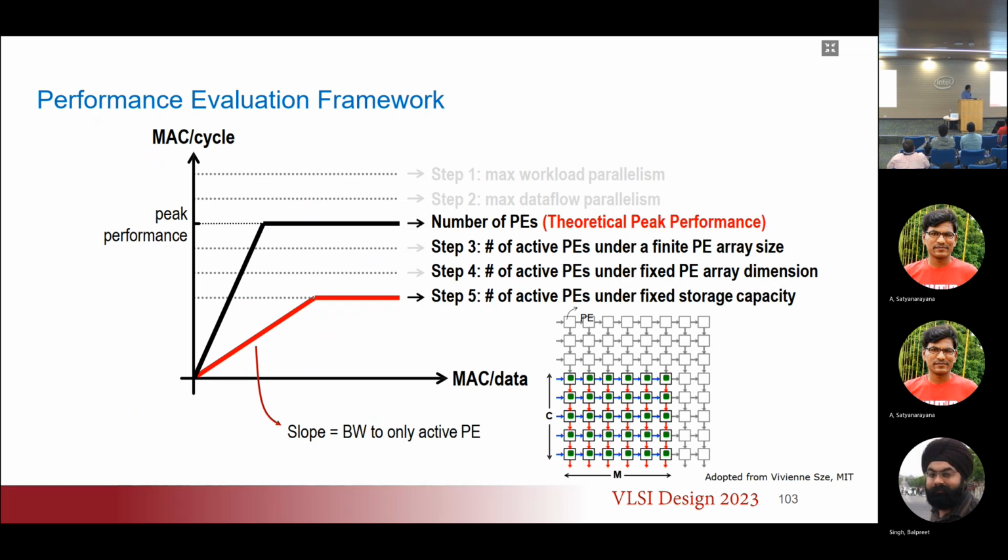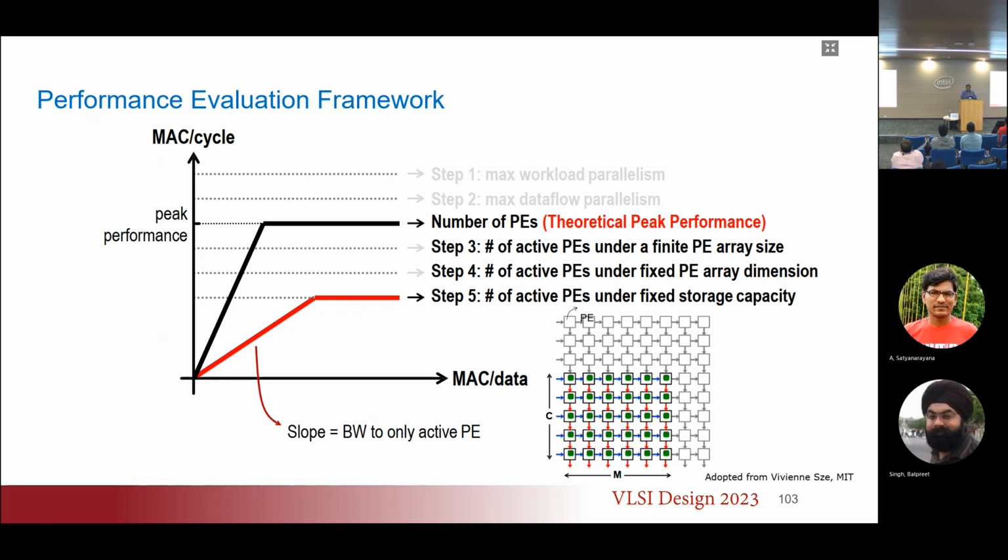That's the upper limit. But then if you think about the workload parallelism, you cannot really parallelize your workload completely because of memory. Suppose I need to do 10 tasks, and each task is going to require 10 pieces of data. That means first I need to have 10 processing elements, and then for each processing element, I need to get 10 pieces of data. That's going to require 100 pieces of data.